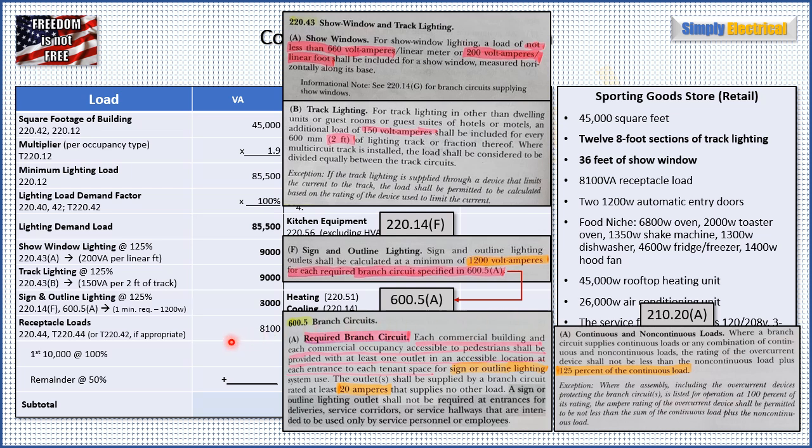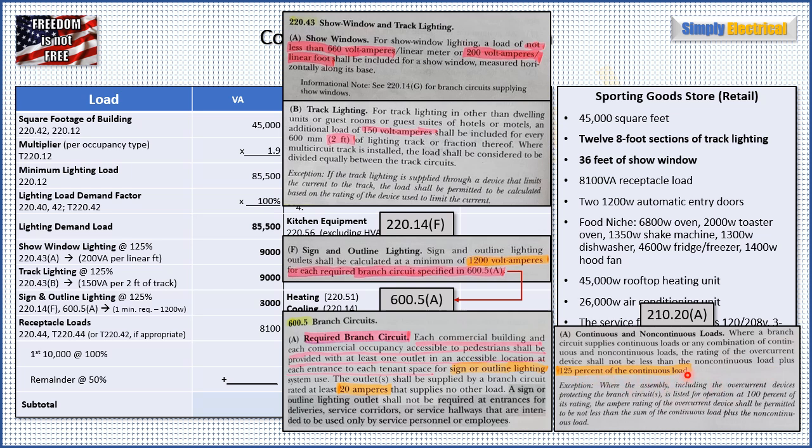Okay, before we go on, I want to just take a minute to talk about these continuous and non-continuous loads. So I've mentioned that several times already. Now I want to show you where we find that in the code. So in 210.20(A), it tells us continuous and non-continuous loads. It says where a branch circuit supplies continuous loads, or any combination of continuous and non-continuous loads, the rating of the overcurrent device shall not be less than the non-continuous load plus 125% of the continuous load.